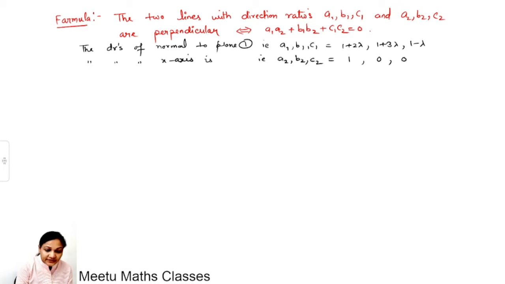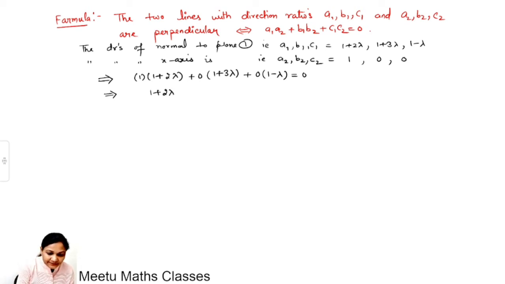Now the normal to the plane and x-axis are perpendicular. That implies that the product of the direction ratios 1 into 1 plus 2 lambda plus 0 into 1 plus 3 lambda plus 0 into 1 minus lambda must be equals to 0. And this implies that 1 plus 2 lambda is equals to 0, or we can say that lambda is equals to minus half. Okay.